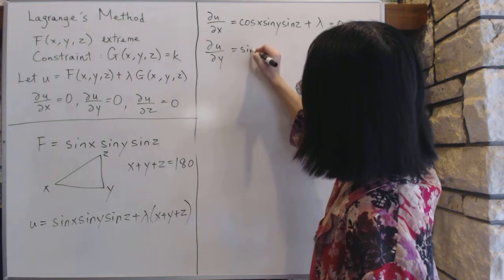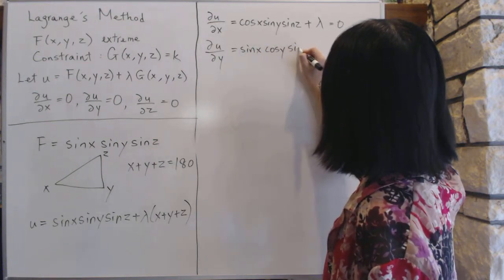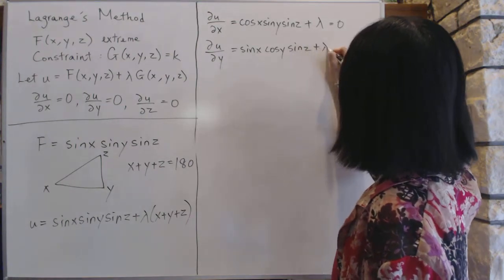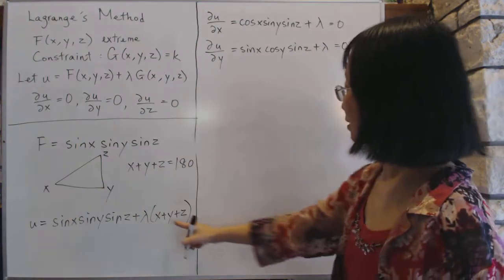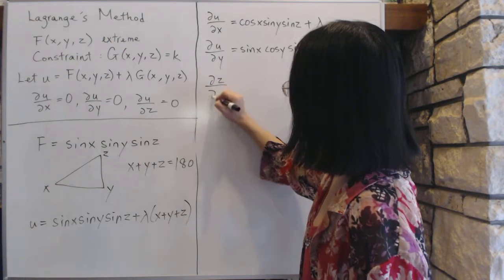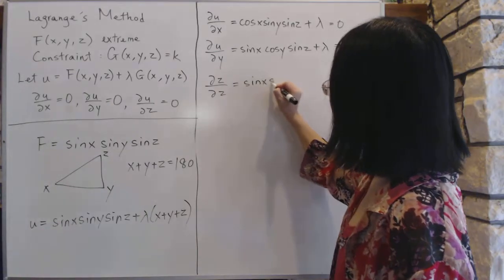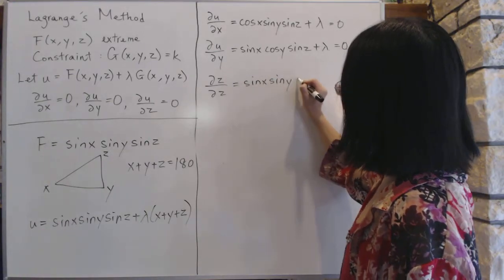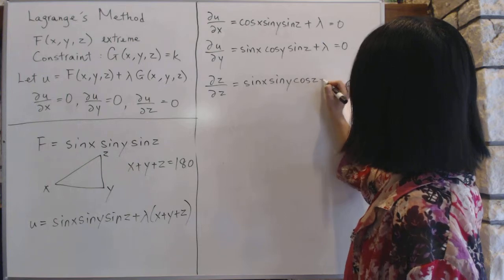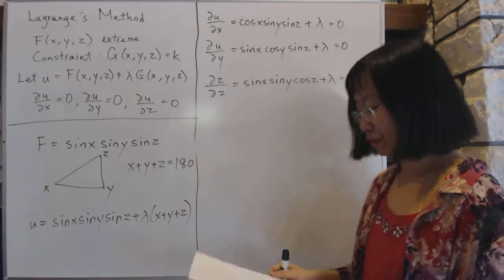It becomes sine x, cosine y, sine z, plus lambda again. Okay, the lambda doesn't change because of that symmetrical relationship. And then lastly, partial u, partial z equals sine x, sine y, cosine z, plus lambda. So that's looking pretty good.